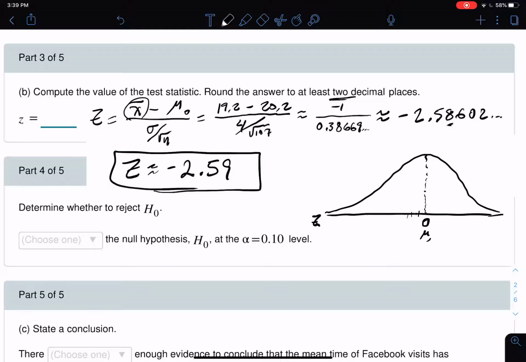In this particular problem, the significance level, or the alpha, was set right there at 0.10.